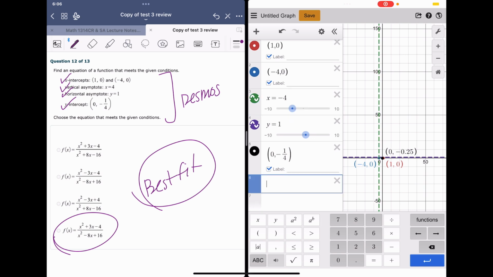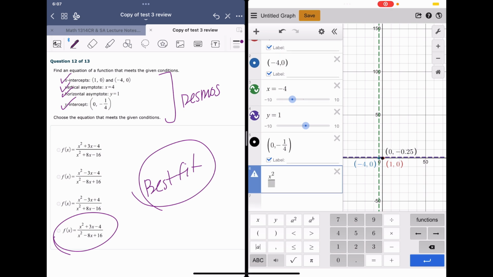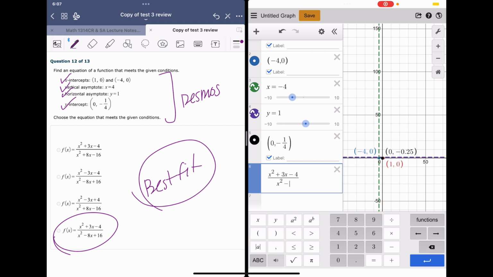So to put in this rational equation, what you're going to do is press the division key and then just type everything in. So it's x squared plus 3x minus 4, and then it's going to be x squared minus 8x plus 16.